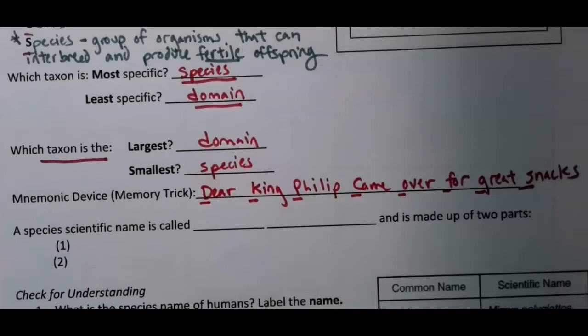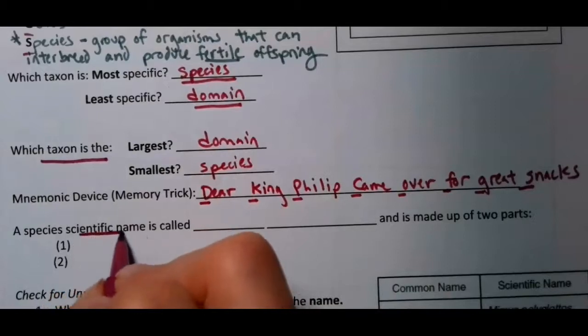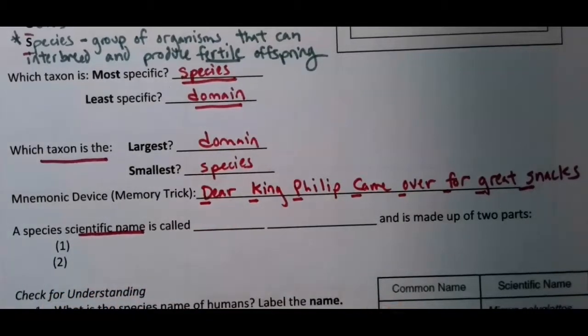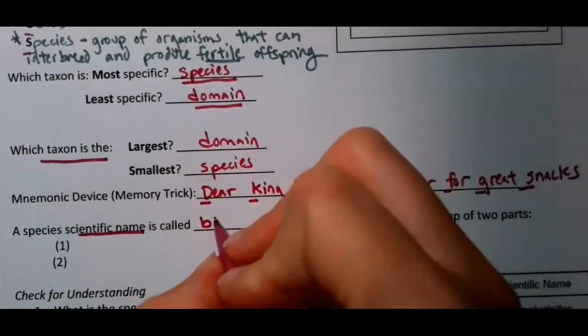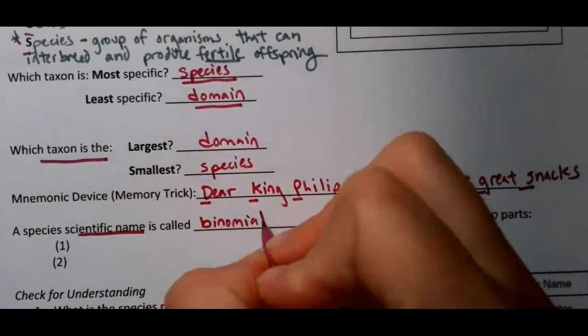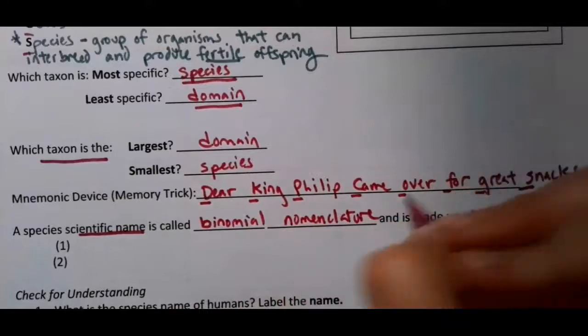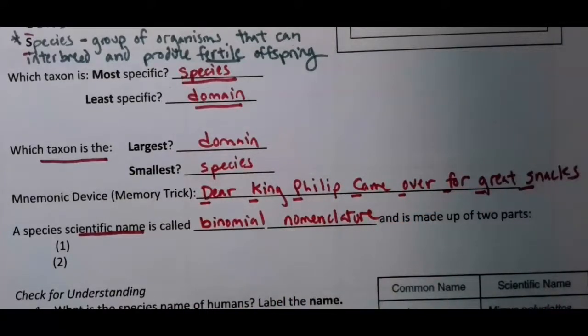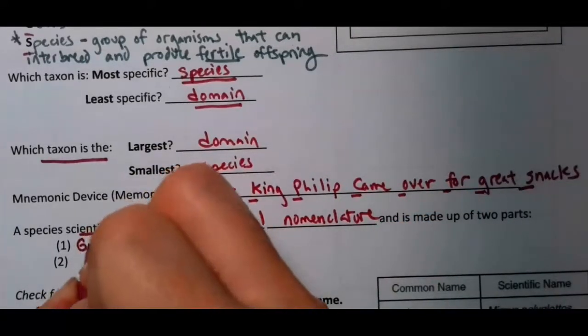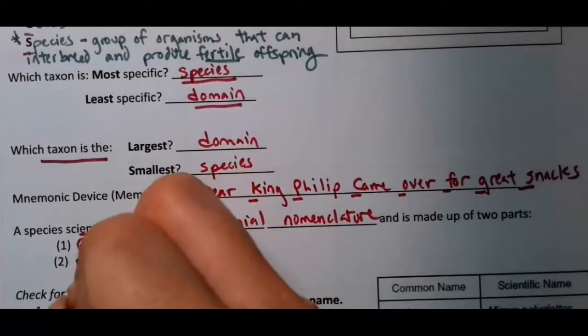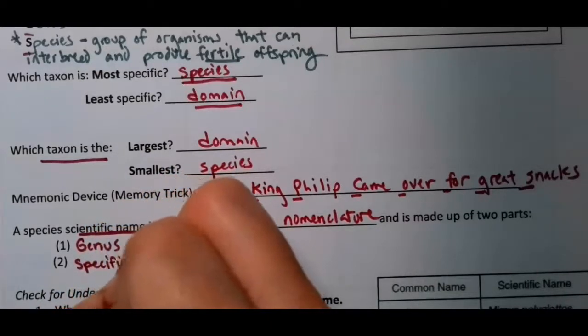When we name a species, the scientific name of a species is called its binomial, meaning two names. And a species name has two parts. It has the genus, and it has something called the specific epithet.